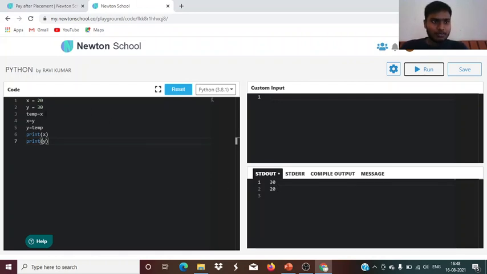Then we can also take customized inputs using int of input, enter the values.